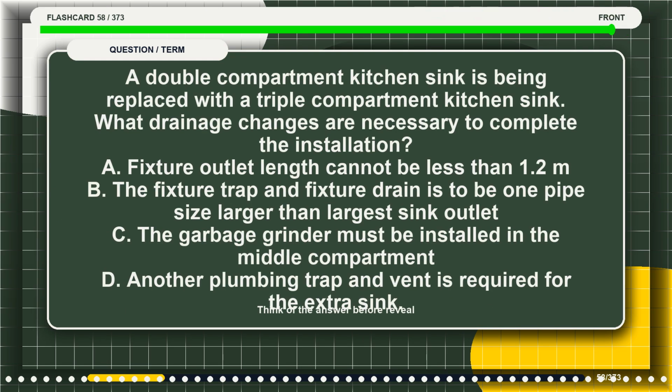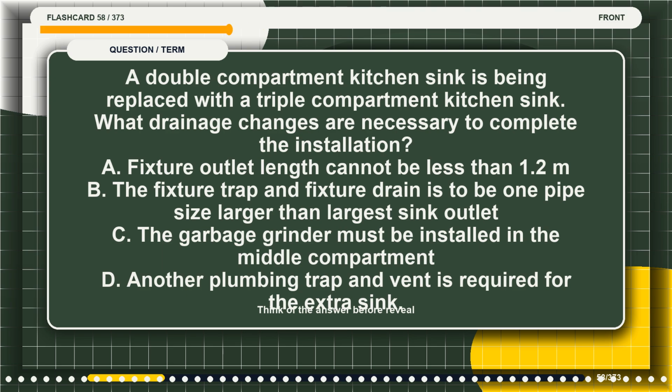Flashcard 58. A double compartment kitchen sink is being replaced with a triple compartment kitchen sink. What drainage changes are necessary to complete the installation? A. Fixture outlet length cannot be less than 1.2 m. B. The fixture trap and fixture drain is to be one pipe size larger than largest sink outlet.